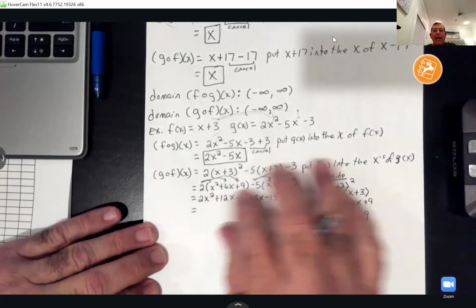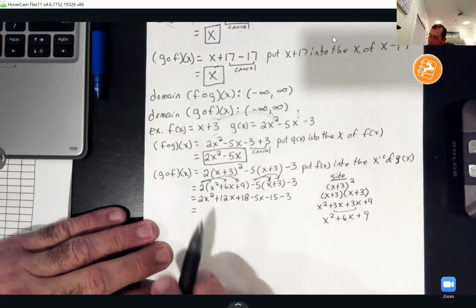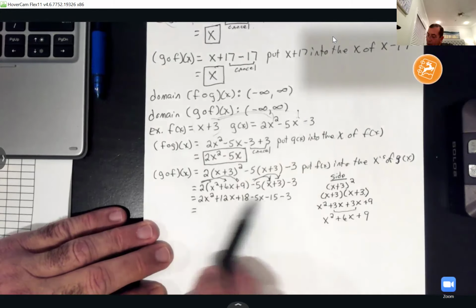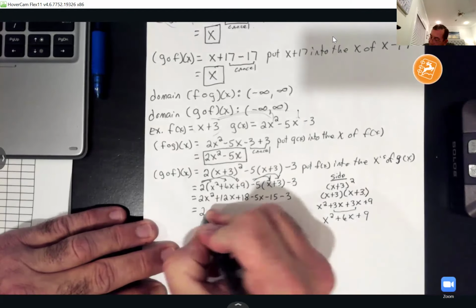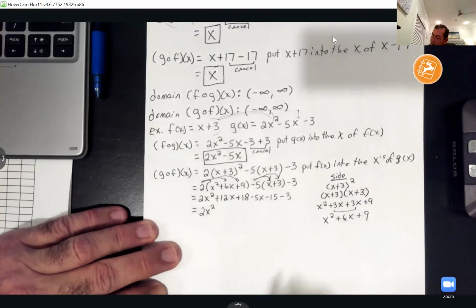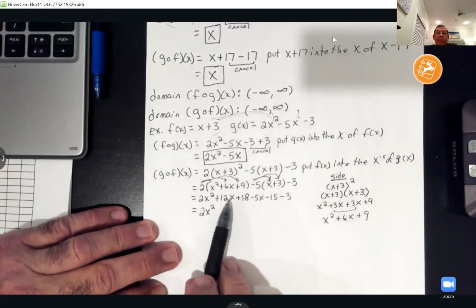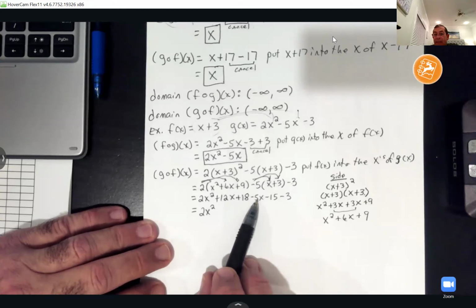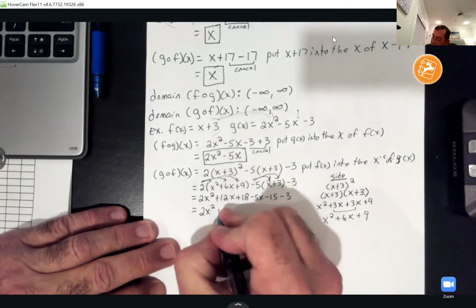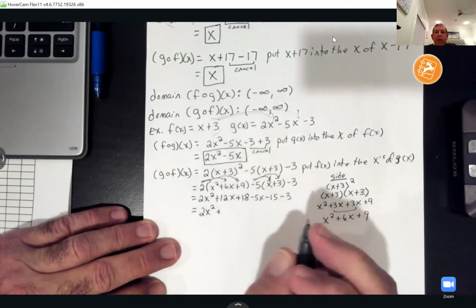All right, y'all, we got all kinds of like terms here. So the x squared, there's no other x squareds, so I'm going to bring down my 2x squared. So let's look at the like terms. The x's are like terms. 12x's minus 5x's, so that'll leave us 12 minus 5.